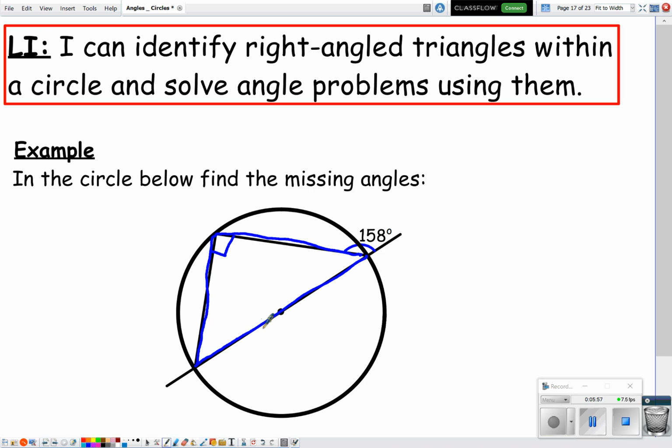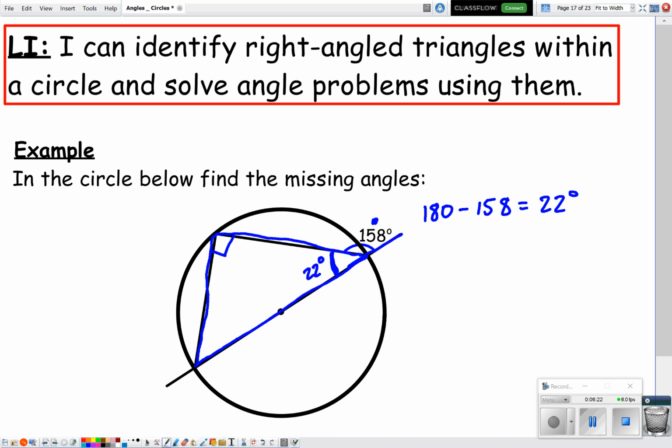Well, you were given a clue here of 158 degrees. So we're going to start by working out this angle here. Well, that angle lies on a straight line with 158 degrees. So we just have to do 180, take away 158, 22 degrees.